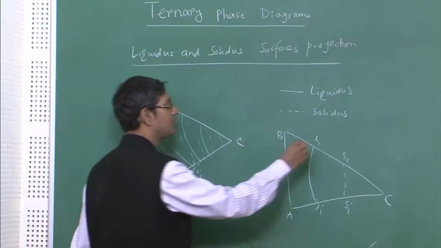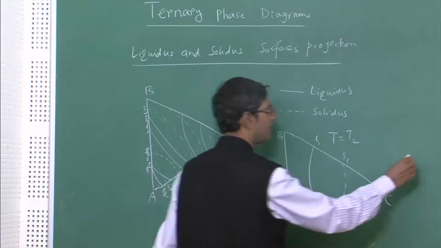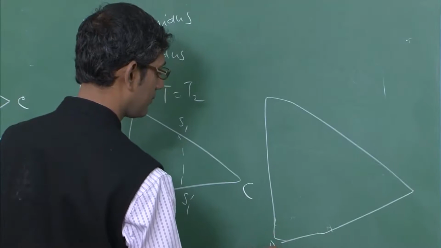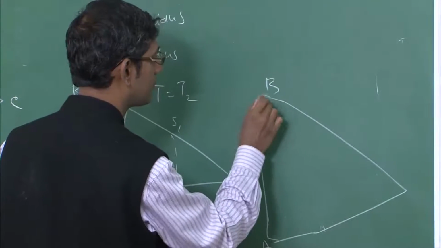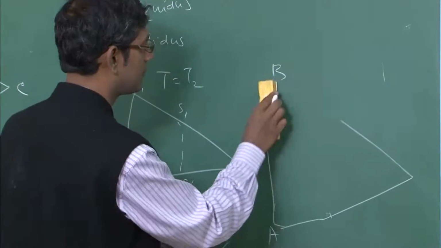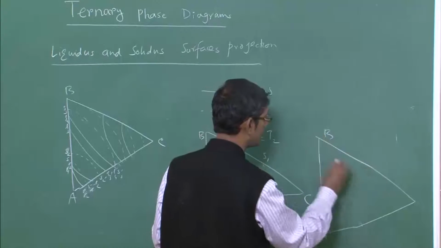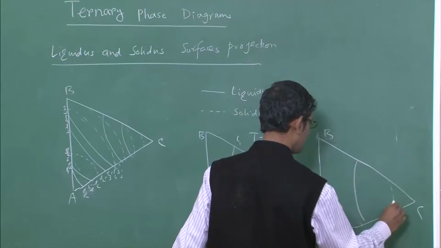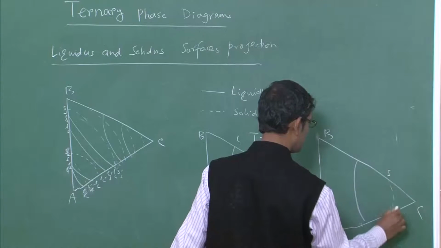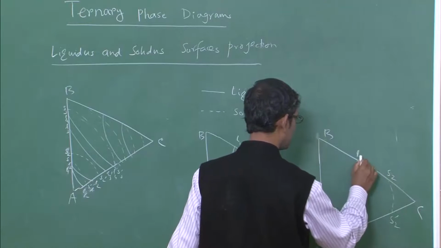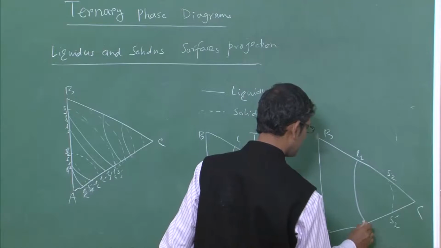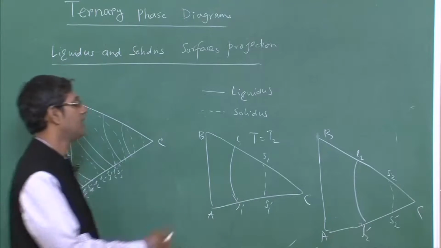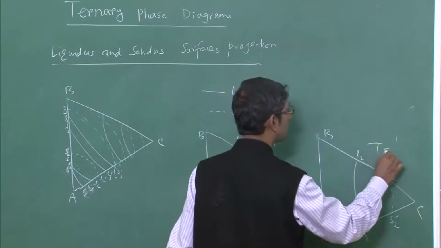This is, suppose, at temperature T1, and then I draw another one. So, I am drawing these different sections 1, 2, 3; this is at temperature T1, this is at temperature T2.